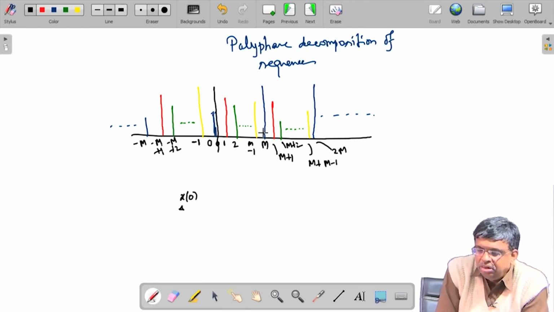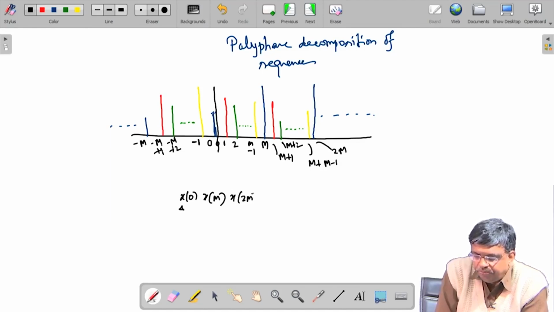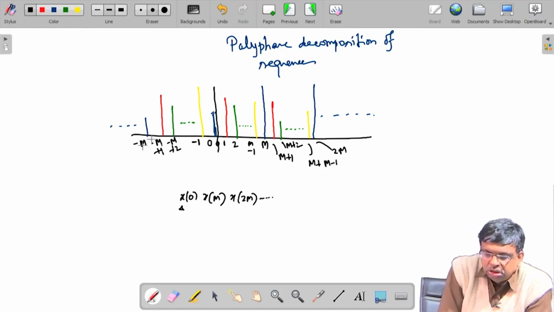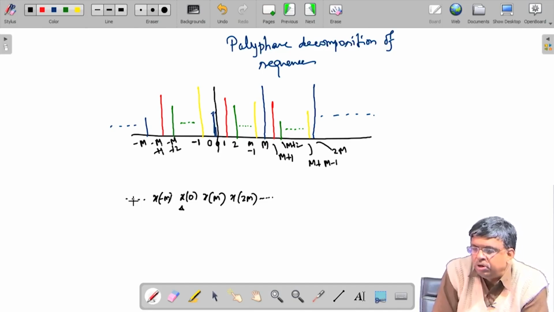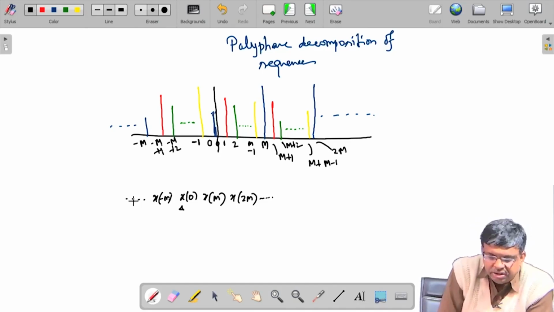Then I throw away the intermediate samples. My sample number 1 will be the original x m. Then again I throw away these m minus 1 samples, next I take x 2 m, that will be at sample number 2, x 2 m, dot dot dot. On this side I throw away the intermediate samples, I take the mth, so the minus 1th sample will be x minus m, dot dot dot. This is called the polyphase component of 0th order of x n.